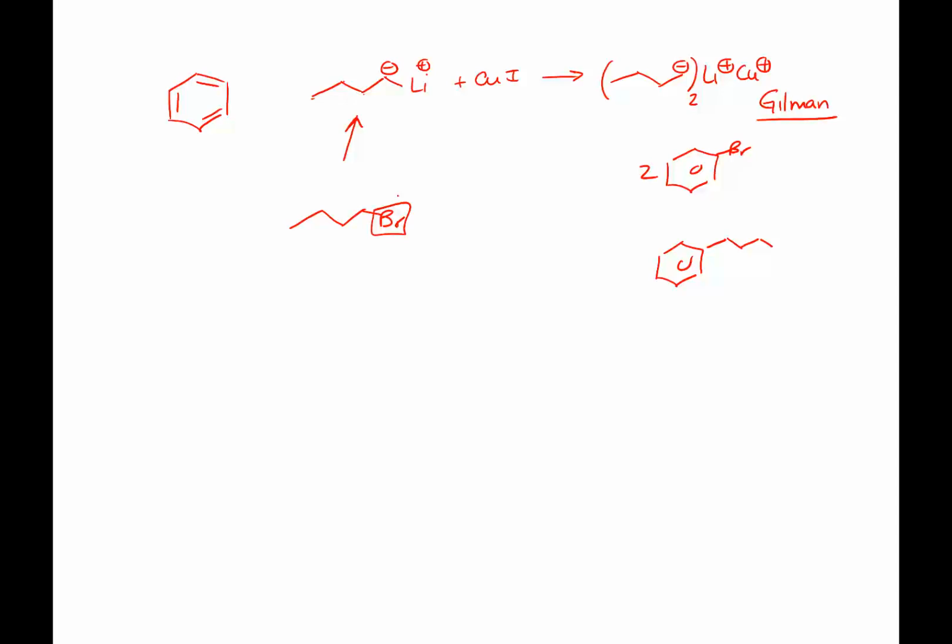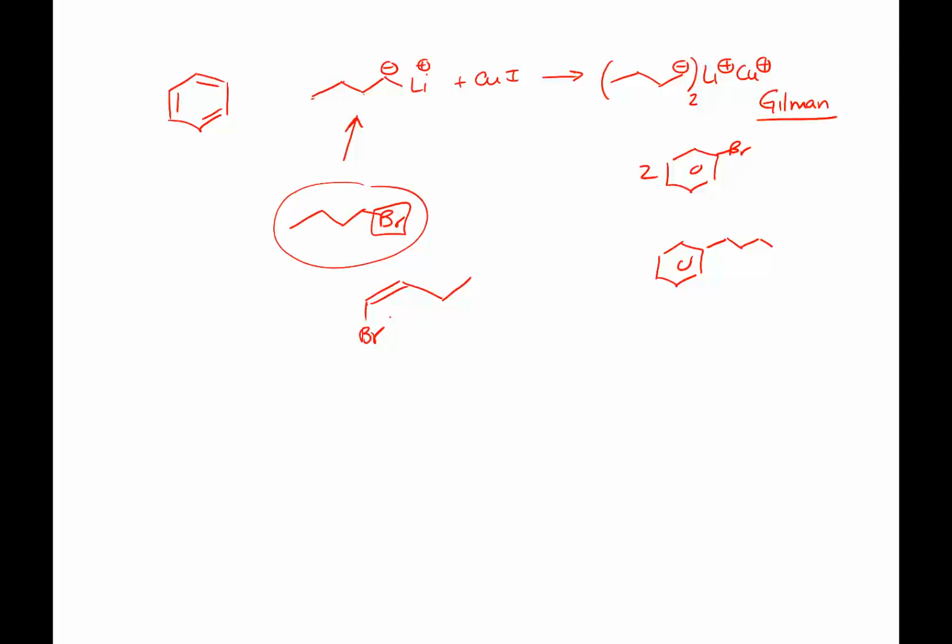So as long as I can make this alkyl halide, I can attach that directly to the ring, one stop. And that would include maybe having the bromine attached to the double bond, so that I could make the lithium compound out of that, and I could add the double bond directly to the ring.